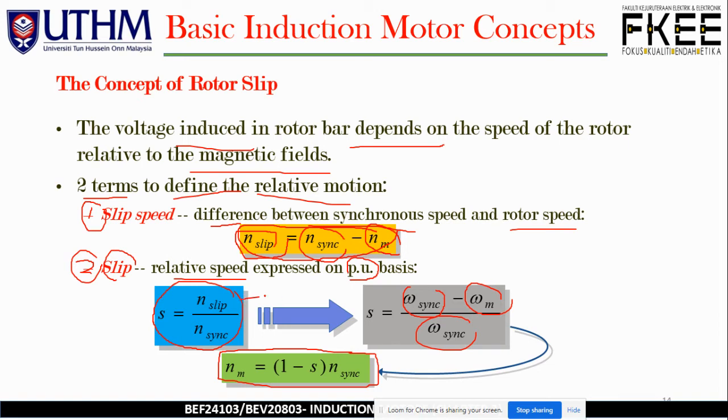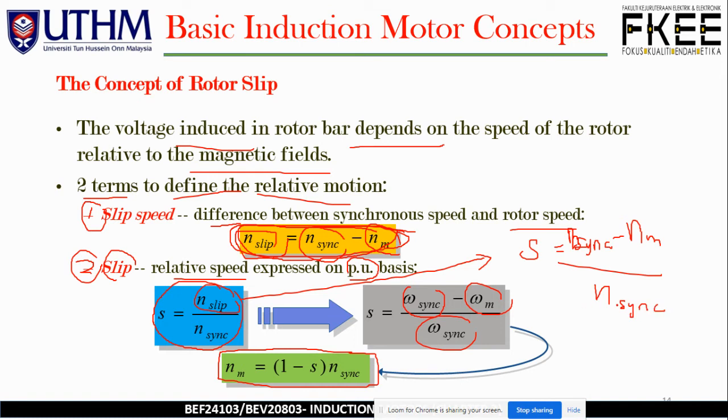Okay, so let's take it from here. We have S equal to n_slip over n_sync. So what is n_slip? n_slip is here, the one in the yellow box. So we have n_sync minus n_m over n_sync.